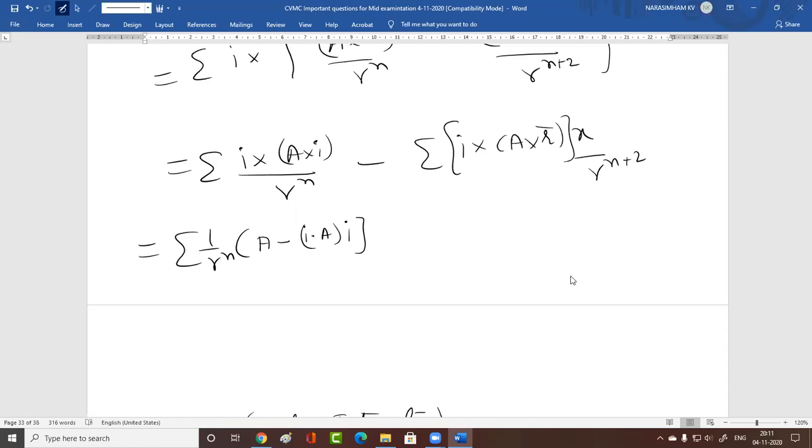So using the A cross B cross C formula, directly A dot C into B minus A dot B into C. In the similar way, here x by R power n plus 2 into i dot R bar into x, okay, minus i dot A into x. Okay, we will discuss one by one.